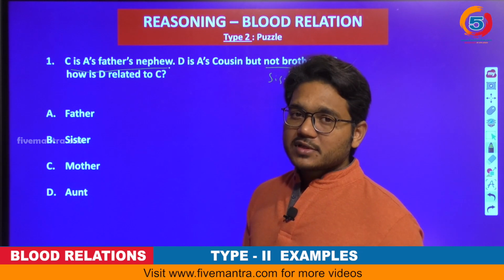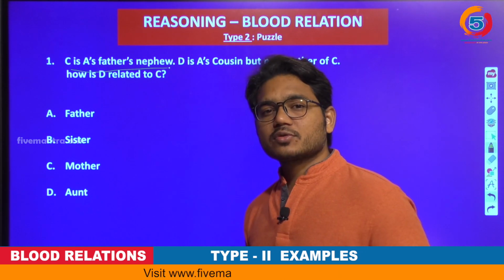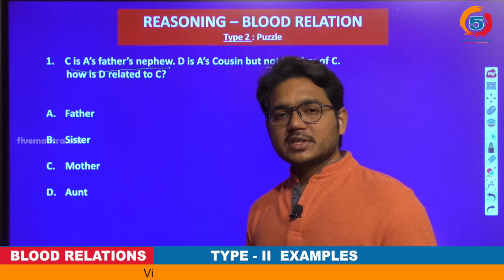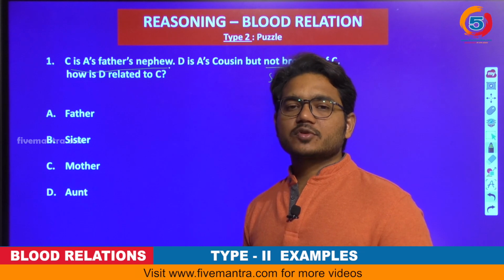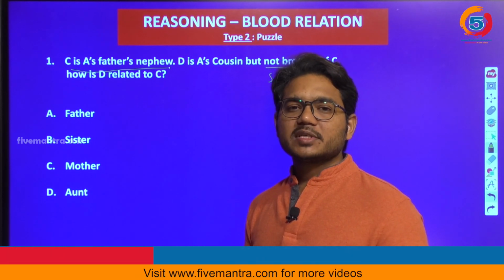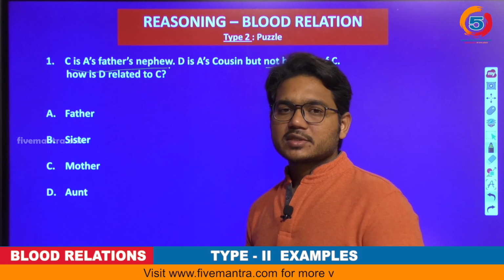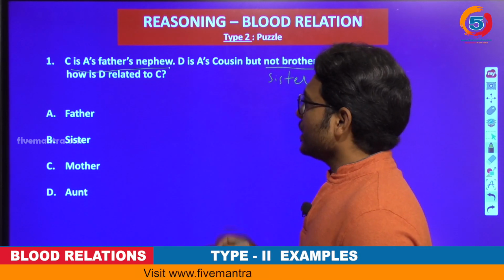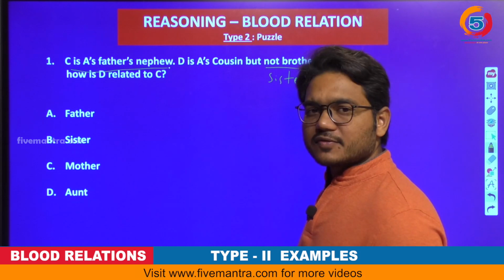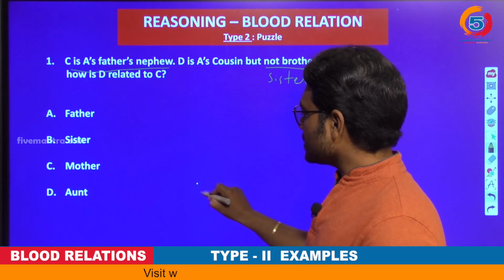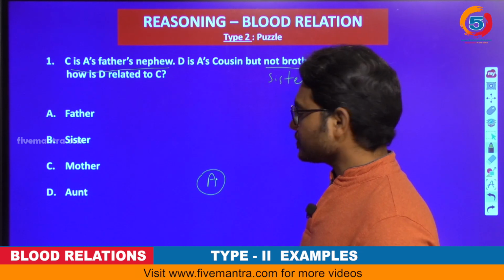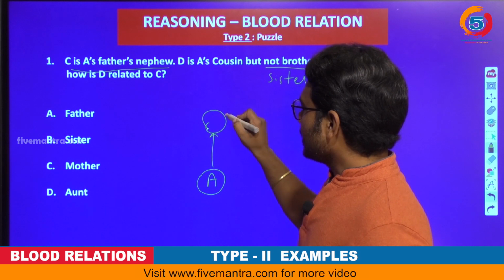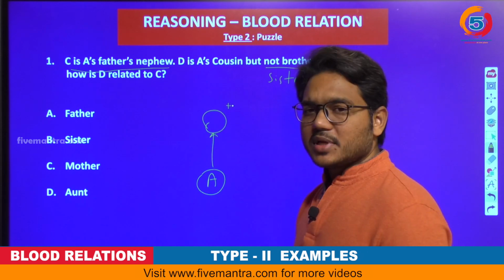After identifying that, what is the next thing? We need to draw the family tree or relationship tree. Once you draw the relationship tree appropriately, it will solve your problem, so please be careful with the drawing. Now C is A's father's nephew. Let us start with A's father, obviously a male.